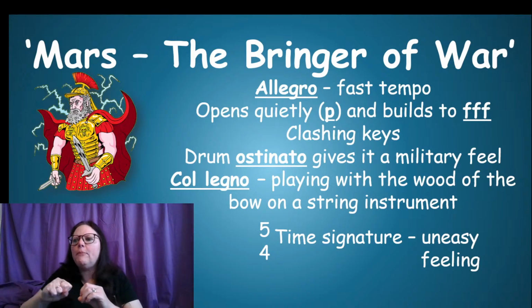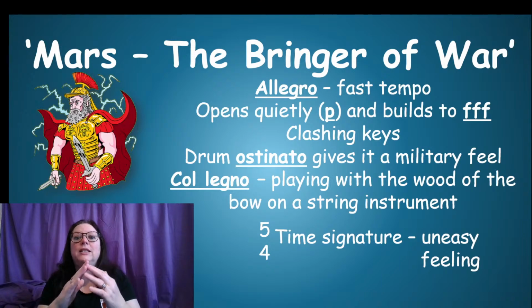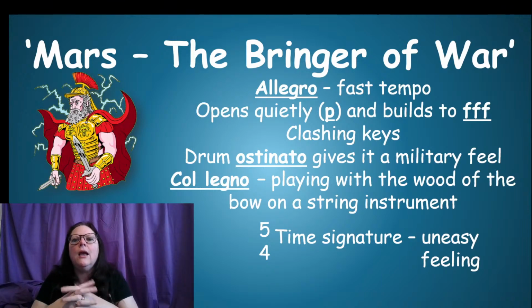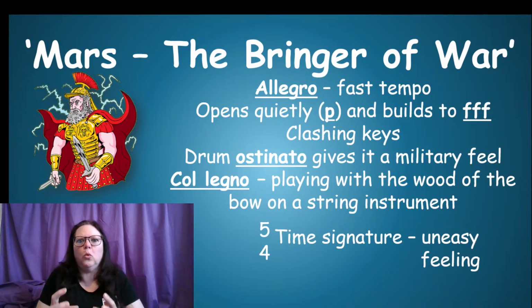If I played a C next to a D, because they're right next door to each other, it would create this clashy, uncomfortable feeling. So what Holst is doing is using a lot of these clashes to make it feel uncomfortable. You don't want war to be comfortable. It's supposed to be uncomfortable, unpleasant. So he's creating this clashing idea.